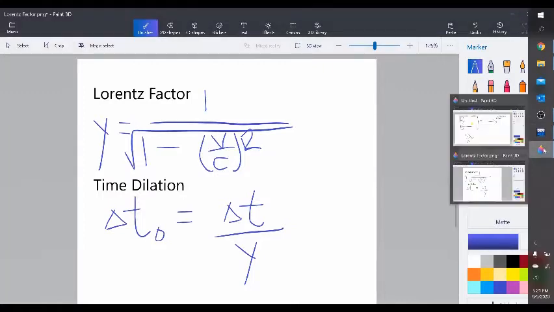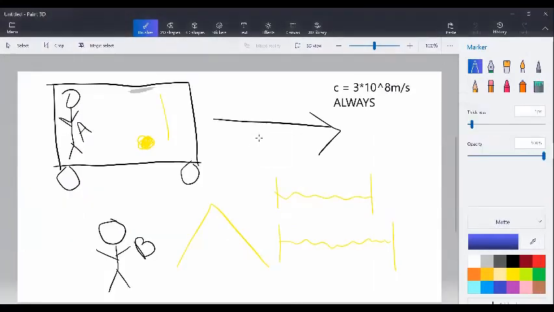And this is demonstrated well with this classic example where you have a trolley moving along with a light source and a mirror and two observers. In this example, each observer witnesses two different trajectories for the beam of light that reflects off this mirror.